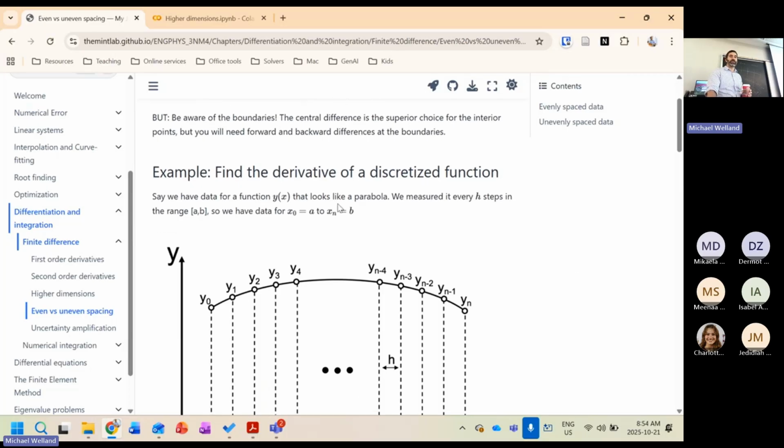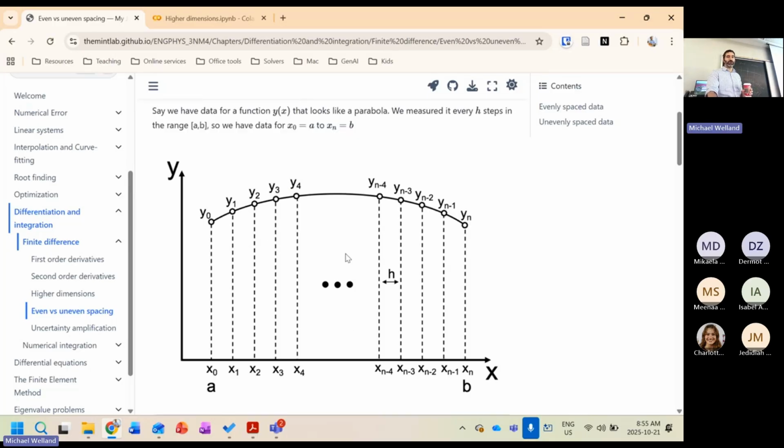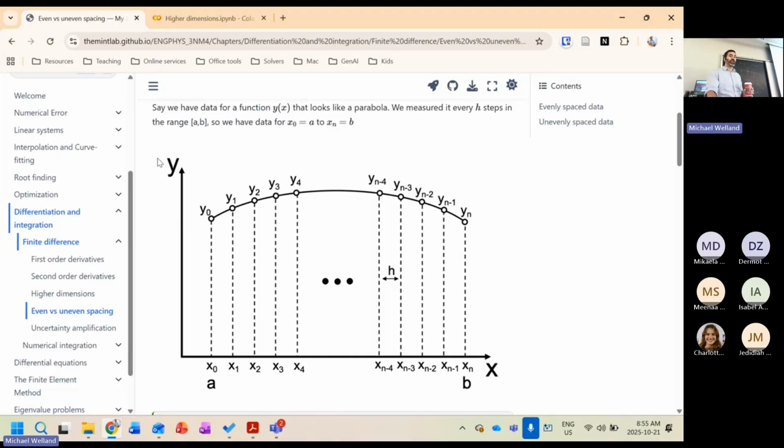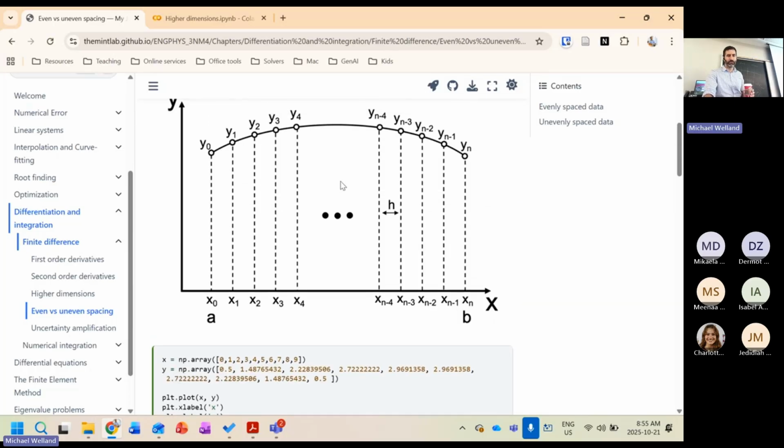So as an example, let's find the derivative of a discretized function, right? So this is a function. I'm pretty sure it's a quadratic. Yeah, looks like a parabola. So we have these data points, right? So in general, you would have some y value, you have some function. I think I actually have it as x squared, but whatever, right?